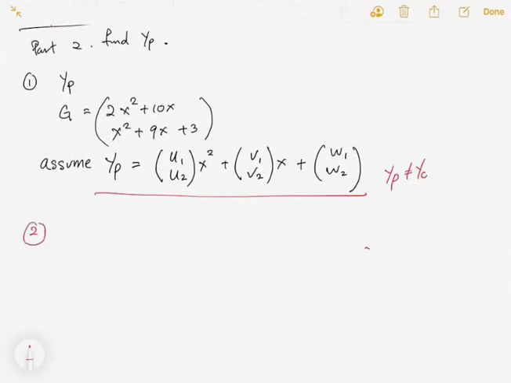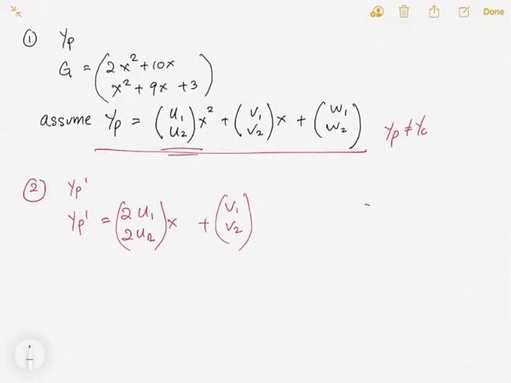Then the second step is to find the YP prime. From the YP, you obtain YP prime. Can you tell me what is the YP prime here? You differentiate and get 2u1, 2u2 x plus v1, v2, and the w is nothing.